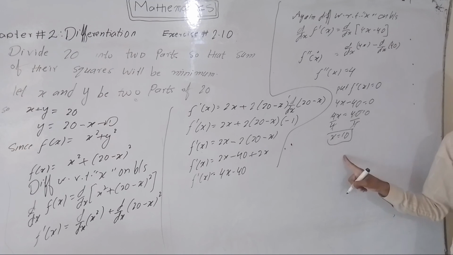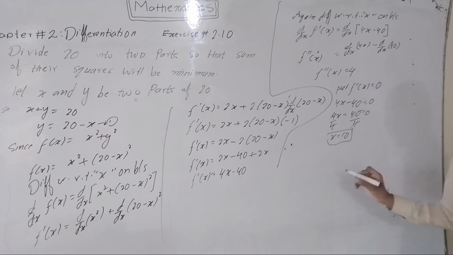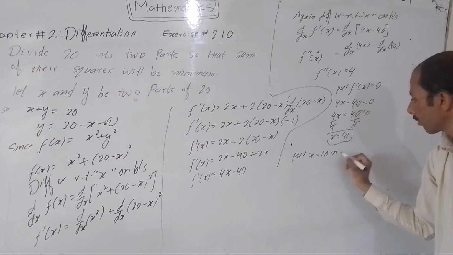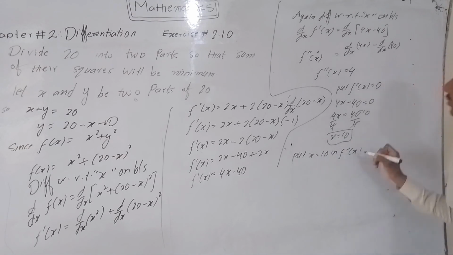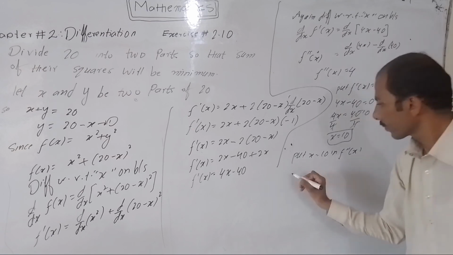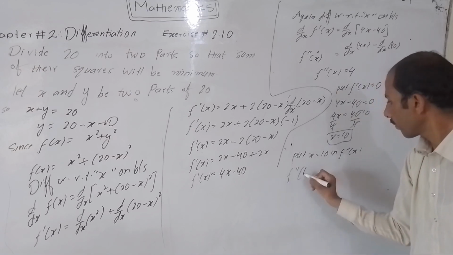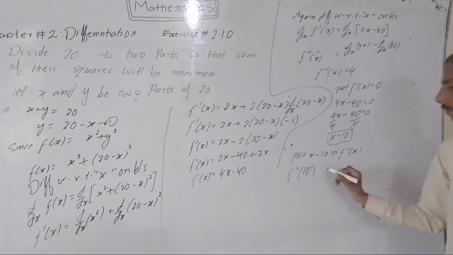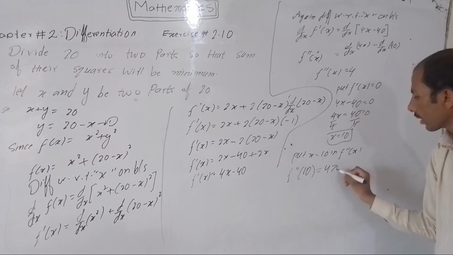Put x is equal to 10 in f double prime of x. So f double prime of 10 is equal to 4, which is greater than 0.